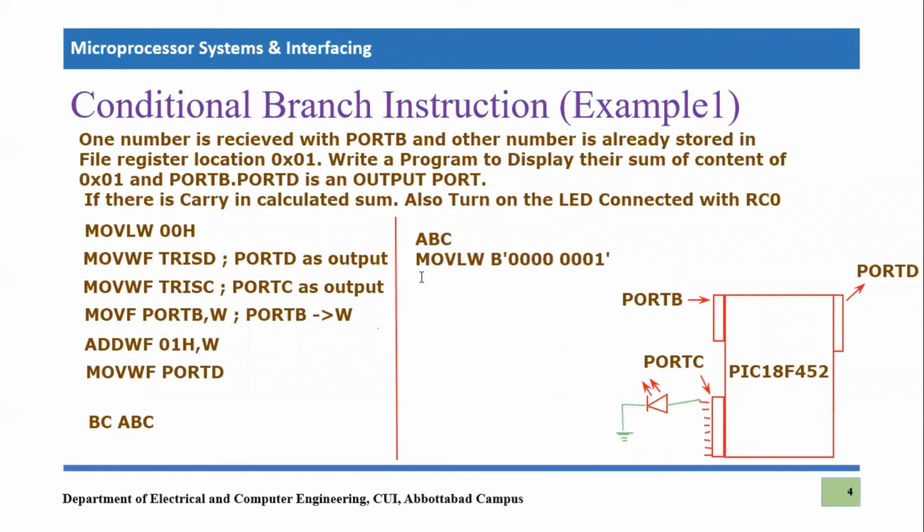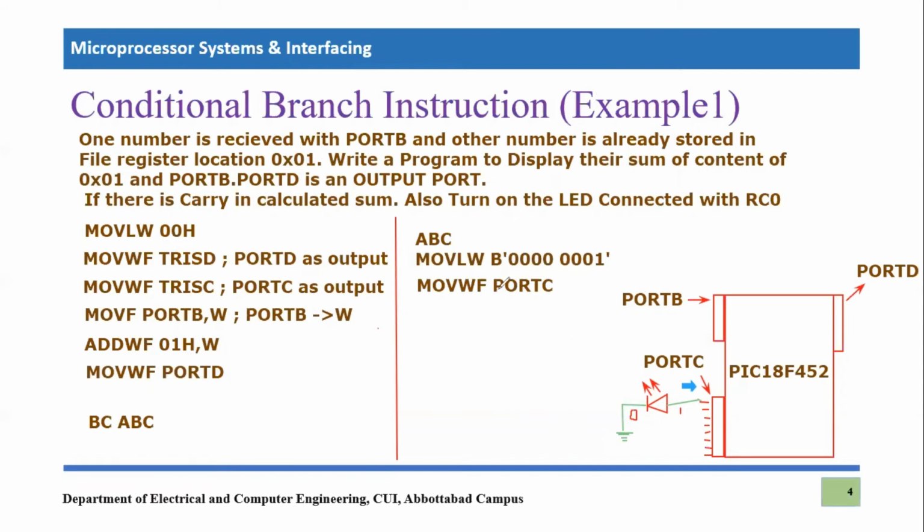We will send this information to port C: move working file and move it to port C. So the zeroth bit of RC, this specific pin, will go high, and this LED will turn on because we will have 1 over here and 0 here because it is grounded. So the circuit will complete and this LED will turn on.